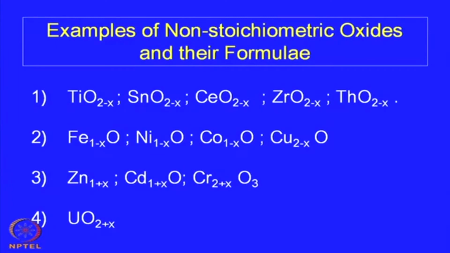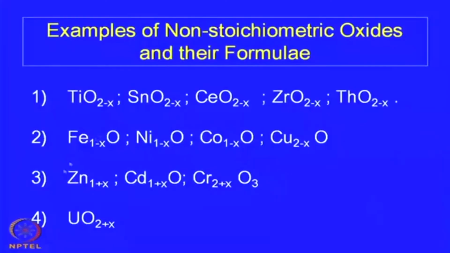So, there are two aspects, one is the metal deficiency, the other is the metal vacancy. Metal deficiency is created by metal vacancy or oxygen interstitials, but which one is correct, the formula itself tells you. So, next one is Zn 1 plus x O.